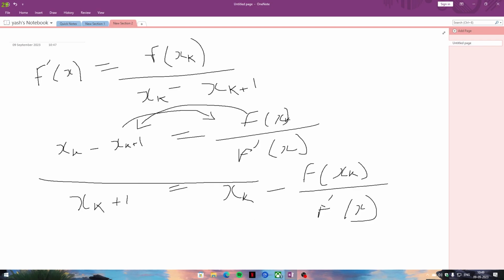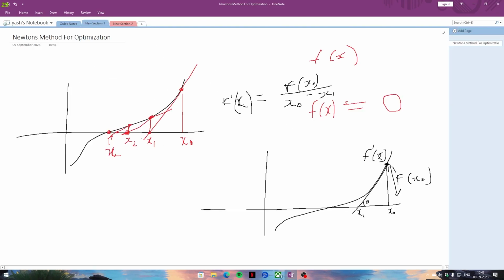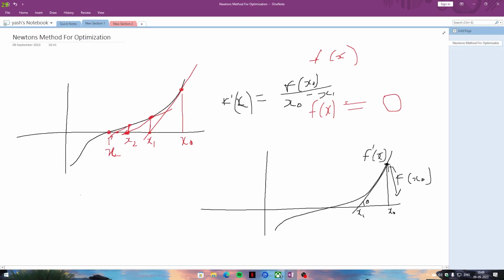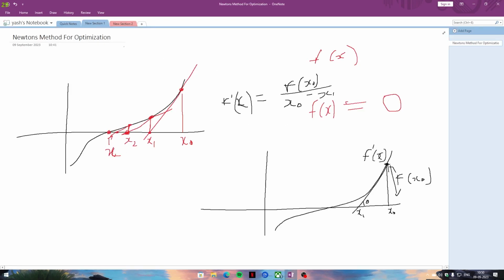So this is the formula for getting the new x value that we were calculating here. It gives an iterative process, and if we keep iterating, we will get closer and closer to this point.